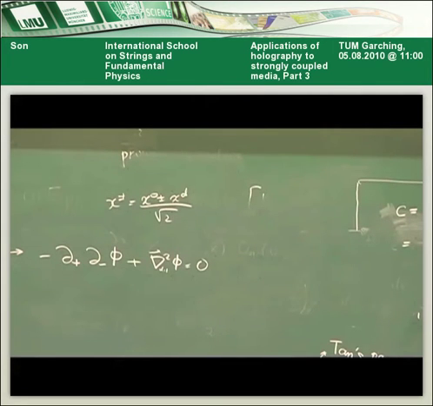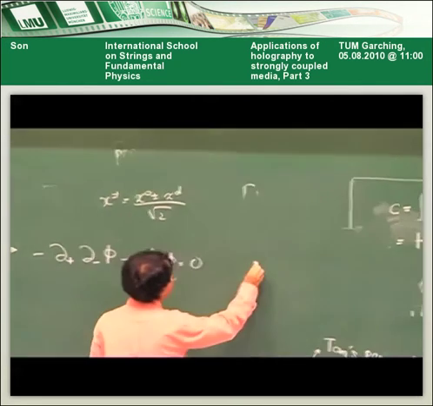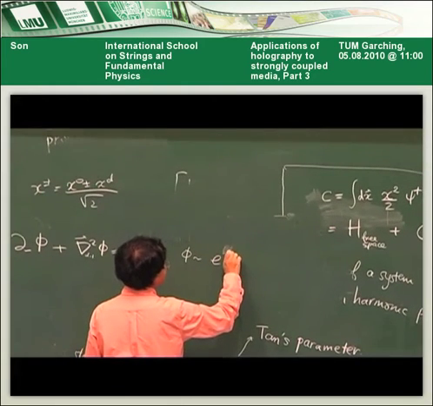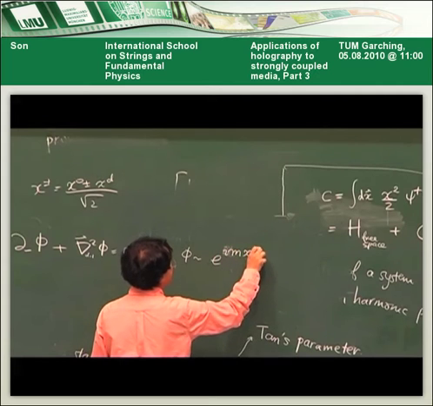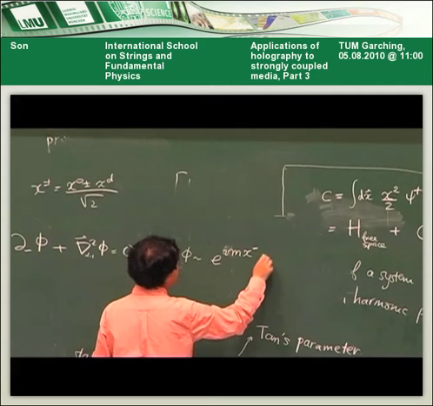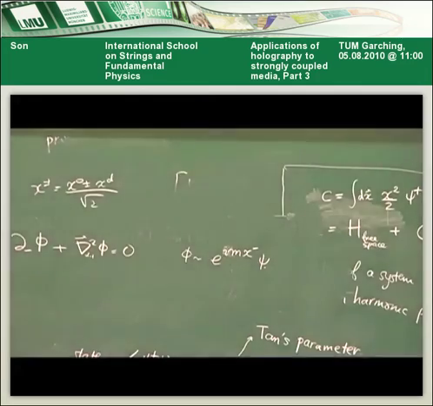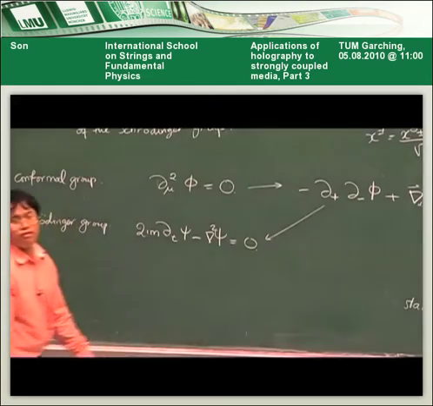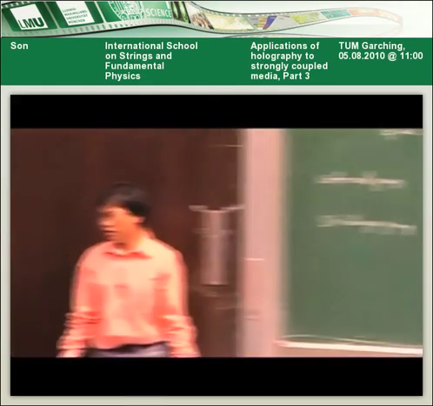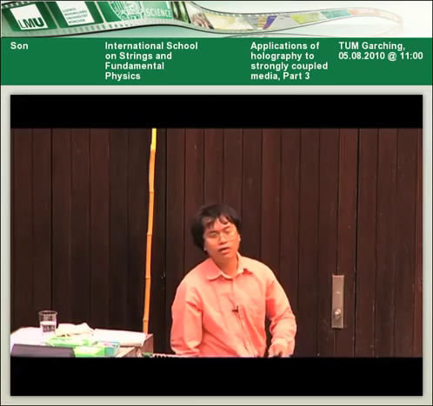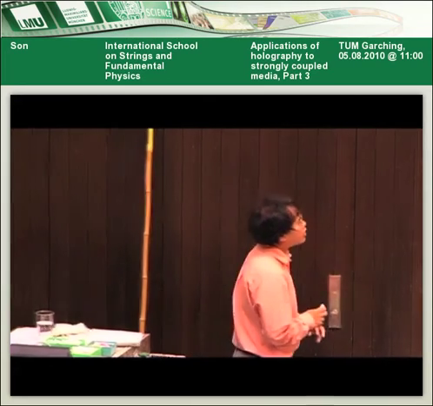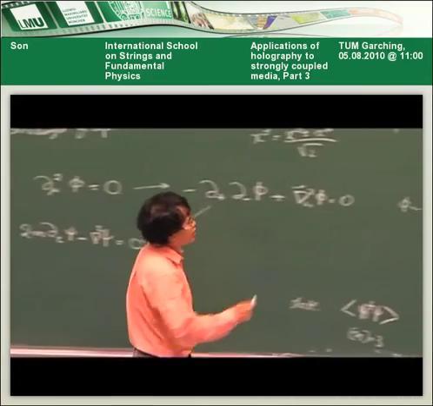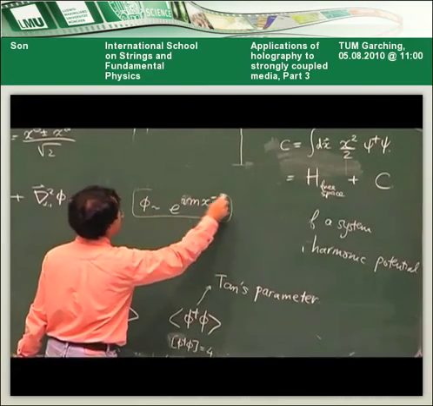Then if we make an ansatz for the wave function phi, so that the dependence on, say, x minus has a plane wave form, then this equation becomes the Schrödinger equation. In other words, we can think about the Schrödinger group as a subgroup of the conformal group that preserves this ansatz of the wave function.